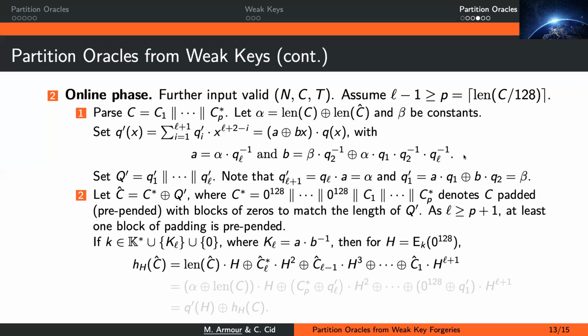Okay, so now if the key K is in the set of target keys K star, together with two extra keys, KL and 0, then for a hash key which is derived from that key, the hash of the splitting ciphertext is equal to, by definition, the length of that splitting ciphertext times H plus and so on.